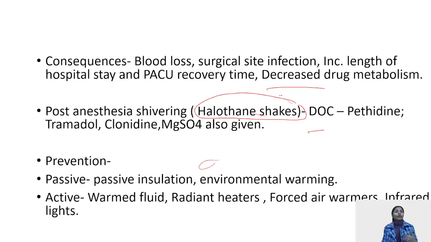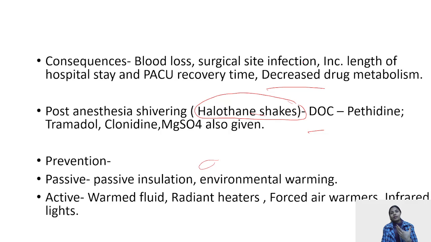How can you prevent the hypothermia? First, how do you monitor hypothermia? If you all remember, we have a core monitoring, we have a peripheral monitoring. The core monitoring is most accurate, like we can monitor using a transesophageal probe, or we can monitor through the tympanic membrane also.